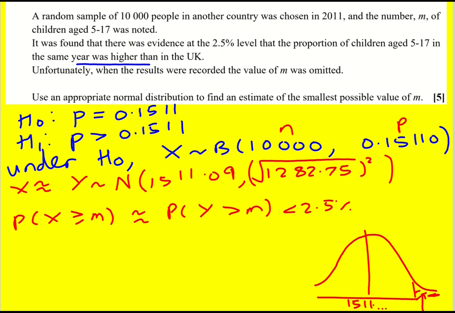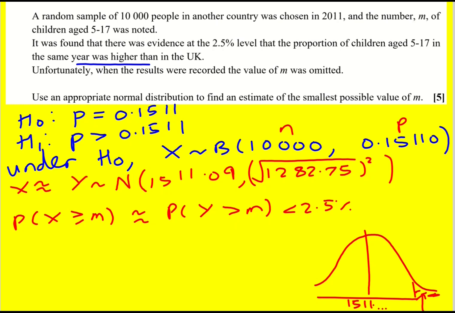There's two things to say here. Strictly speaking, this is not actually correct. You get away with it on the OCR syllabus, but when you are going from a discrete distribution to a continuous distribution, you should apply something called a continuity correction, because greater or equal to in binomial is different than greater than, but in normal it's not. So you actually have to either add 0.5 or minus 0.5.